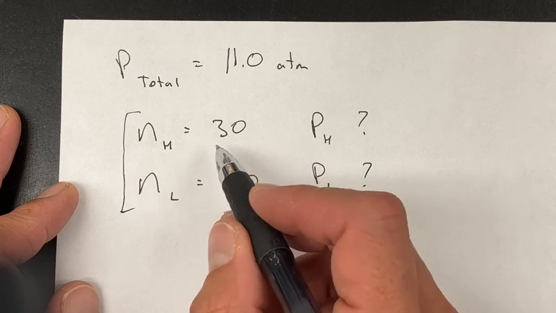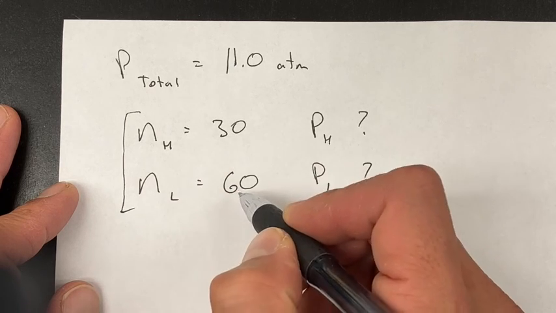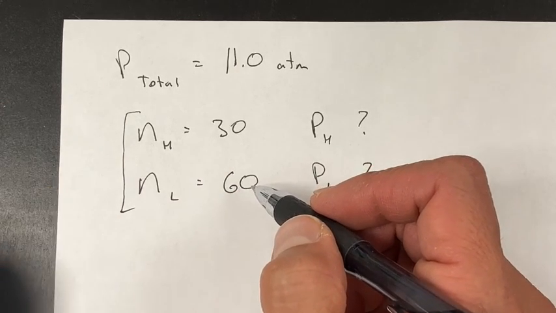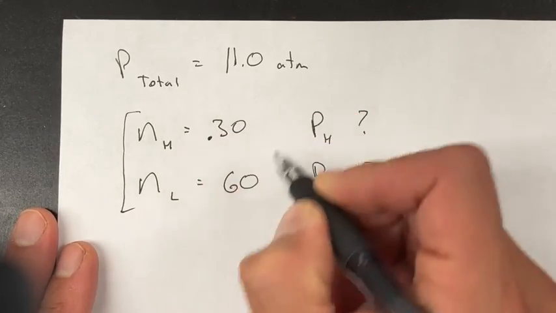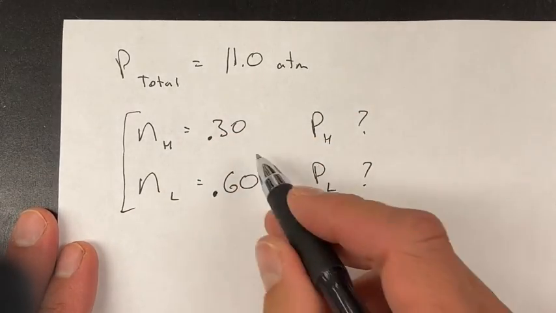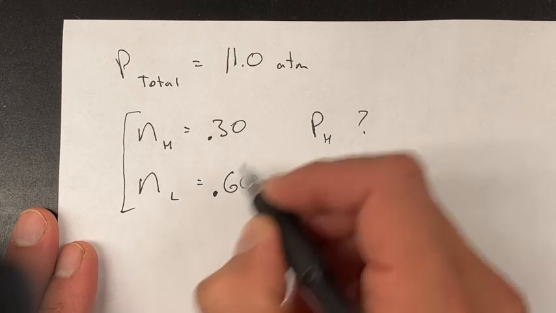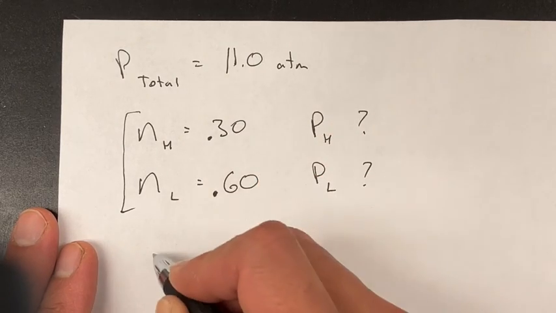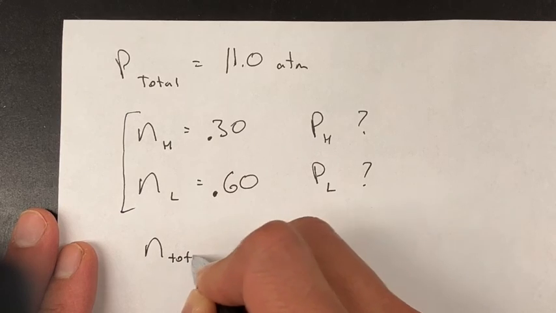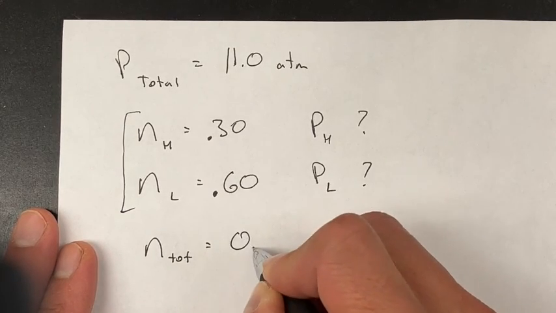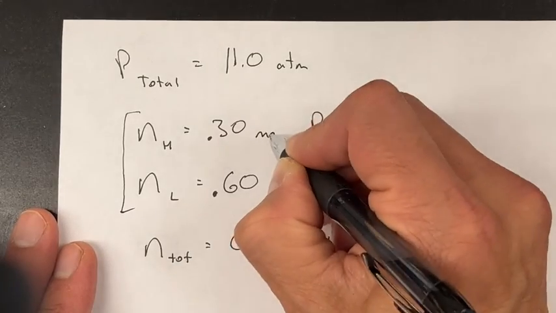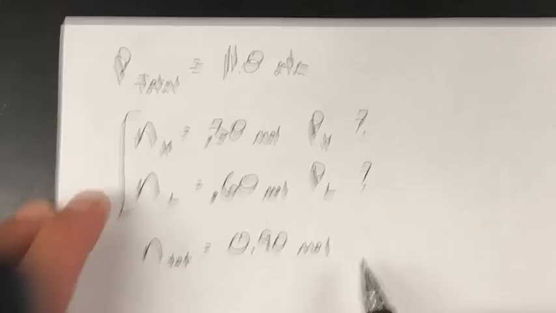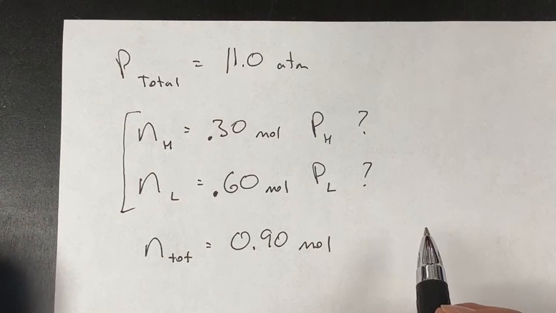As I said in the video, instead of 30 and 60, because those are pretty big numbers and a lot of moles, we're going to make it 0.30 and 0.60. So my total is going to be 0.90 moles of gas: moles of heavy plus moles of light.